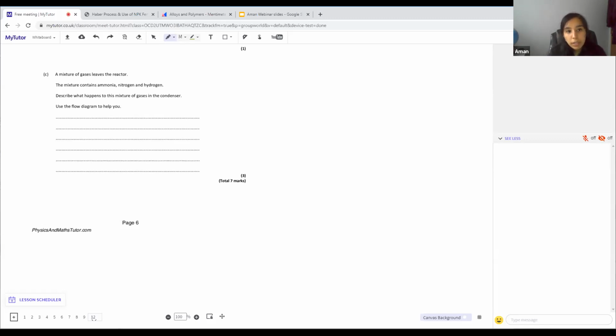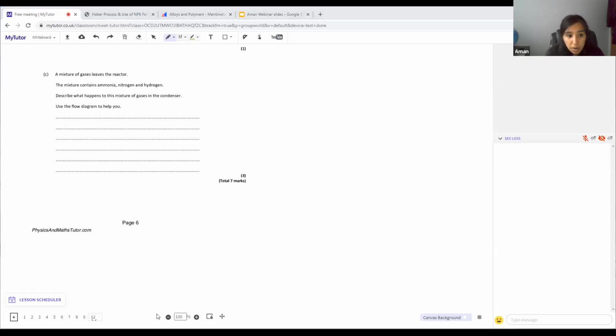Good, so the ammonia goes from a gas to a liquid, so it's condensed and comes out as a liquid, so that gives you 2 marks. So you need to say the ammonia is condensed to form a liquid. Good. And then what happens to the nitrogen and hydrogen? Good, yeah, so they are recycled. So the nitrogen and hydrogen are recycled and they go back to the iron rods, which is excellent.